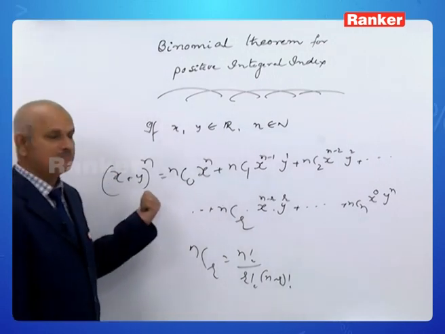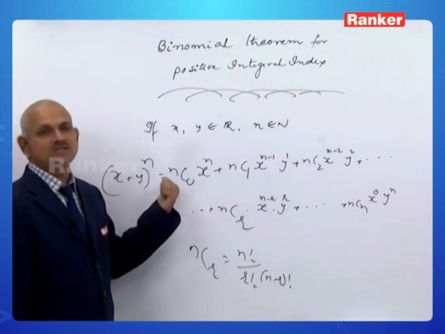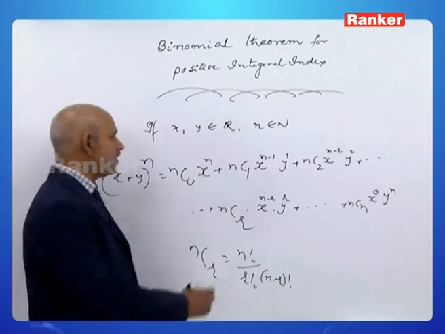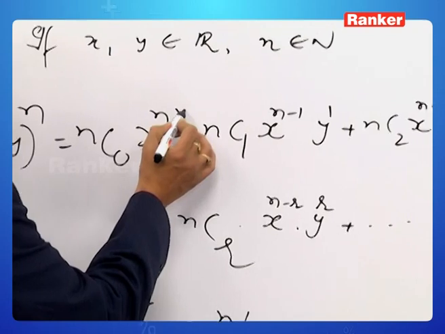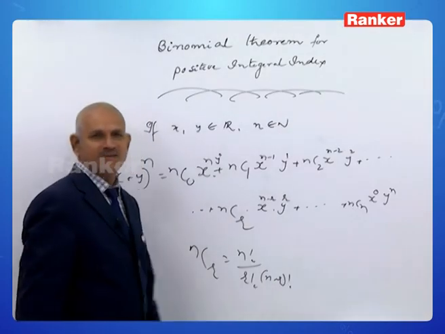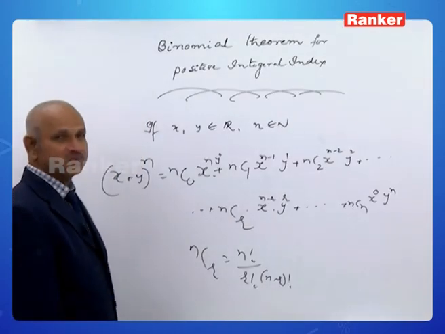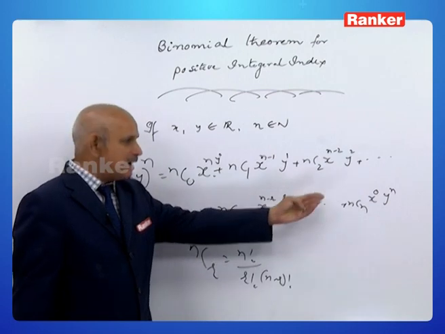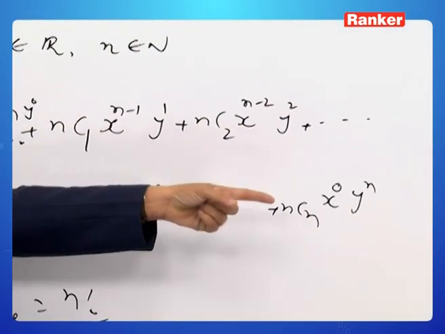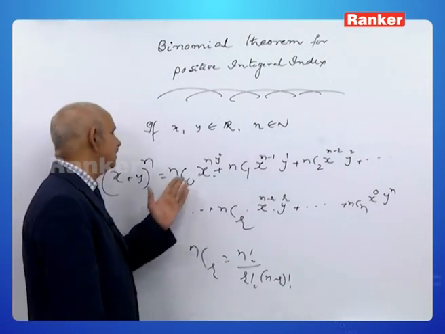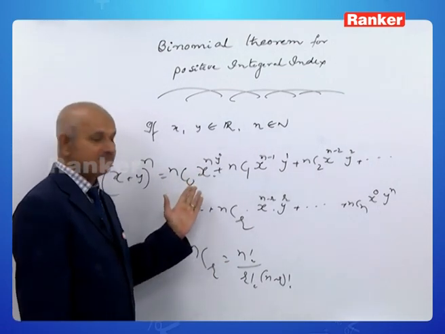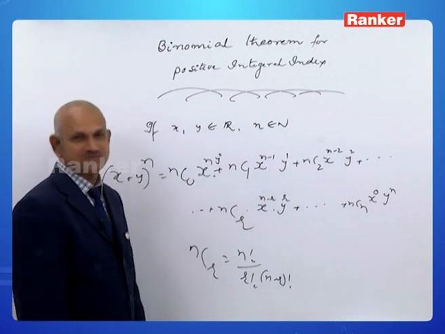(x plus y) whole to the power of n is equal to nC0 into x power n, and if you want you can write x power n into y power 0 also here. There is no harm in writing that, because as we could see x power 0 into y power n in the last term, there is no objection to have y also in the first place with the exponent 0, y power 0.